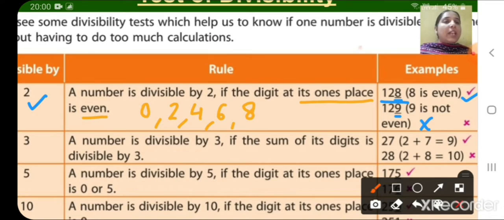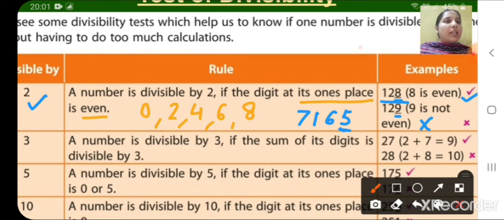So let me write one number here and you just tell me whether it will be divisible by 2 or not. Yes, can you tell me whether it will be divisible by 2 or not? Yes, it will not be divisible by 2 because the digit at the ones place is not an even number.